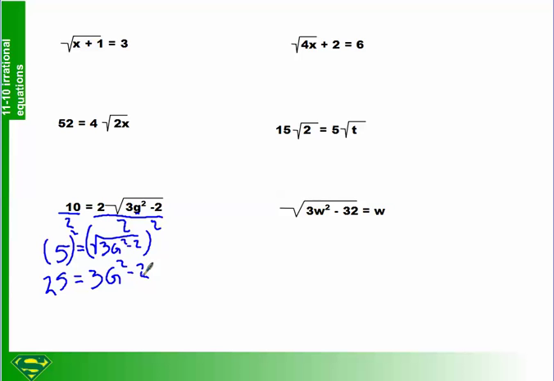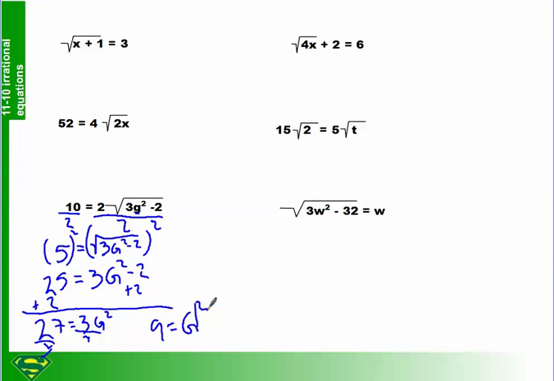So let's add 2, plus 2 plus 2. And so we get 27 is equal to 3g squared. What's the opposite of multiplying g squared by 3? Dividing. So let's divide by 3. And so we get 9 is equal to g squared.